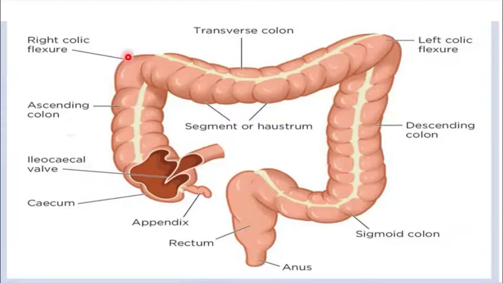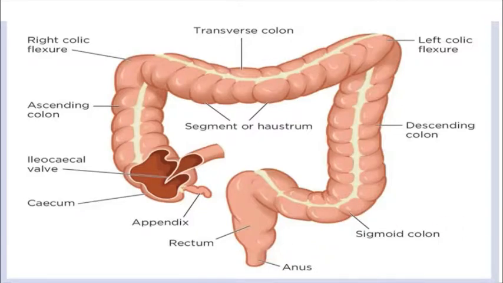Now let's talk about the parts of the large intestine. They are the cecum, appendix, colon, rectum, and anus.